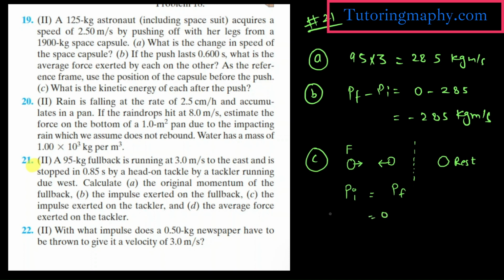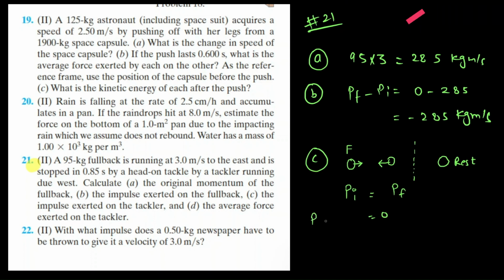The final momentum is zero, and the initial momentum is the fullback's plus the tackler's. So the momentum of the fullback is equal and opposite to the momentum of the tackler. The answer is the same except with the opposite sign: 285 kilogram meter per second towards the x direction.